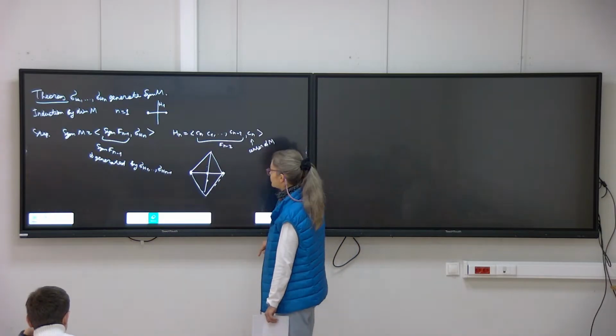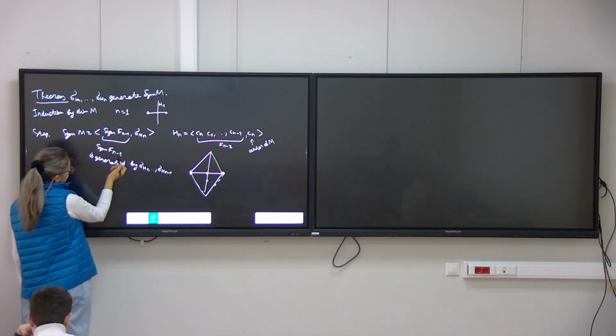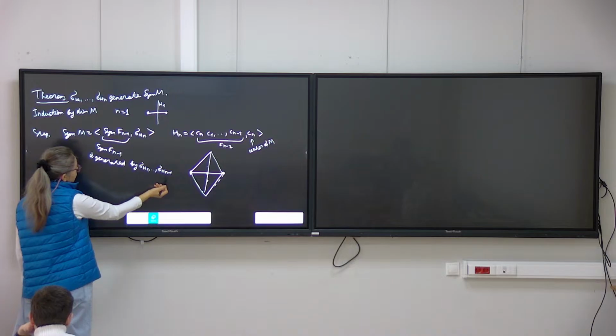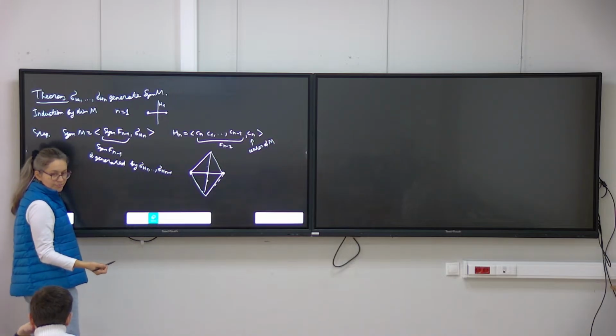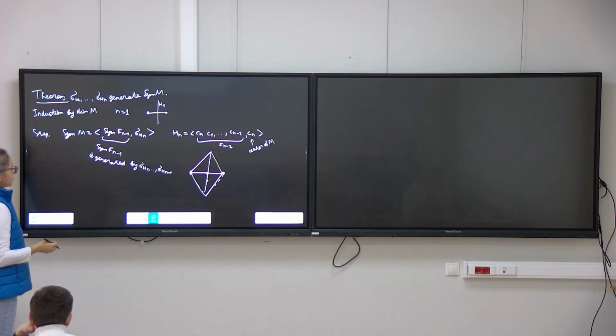So this is correct to say that sym Fn minus 1 is generated by these reflections. And now the whole sym M is generated by the prescribed N reflections. Any questions?